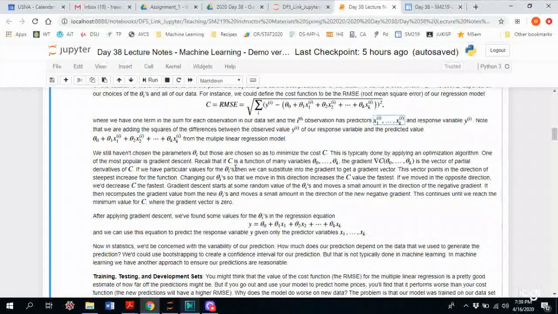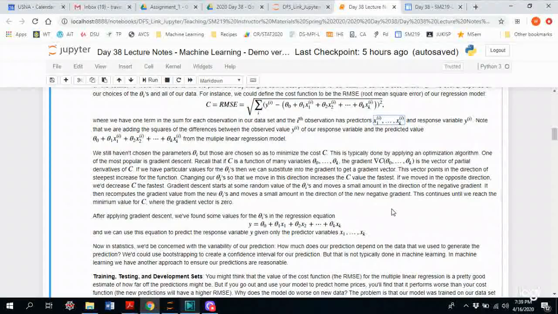So gradient descent starts with some random values of the theta i's, and it moves a small amount in the direction of the negative gradient. So you first calculate the gradient, plug in these theta i's, get a vector, move in the negative direction of the gradient just a little bit, and then stop. We've got new thetas, recompute the gradient value from these new thetas, move a small step in the direction of the negative gradient, and continue.